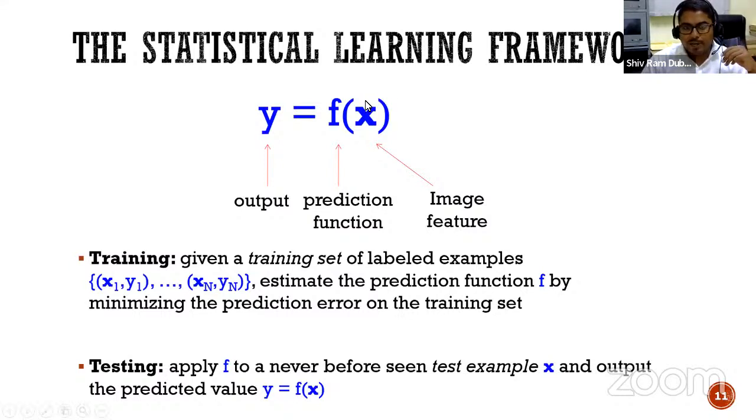We will take a sample x from the test set, find out its label, compare it with the actual label of that example, and based on that find the performance of the trained model on the test set.